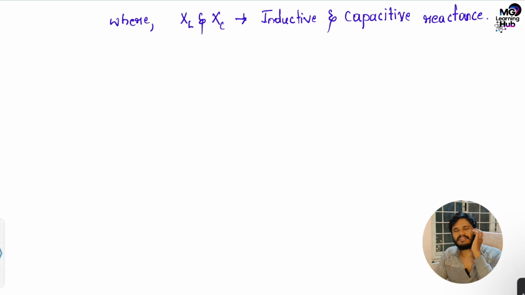Now what do we need to calculate? First we need to calculate the effective voltage in the circuit.